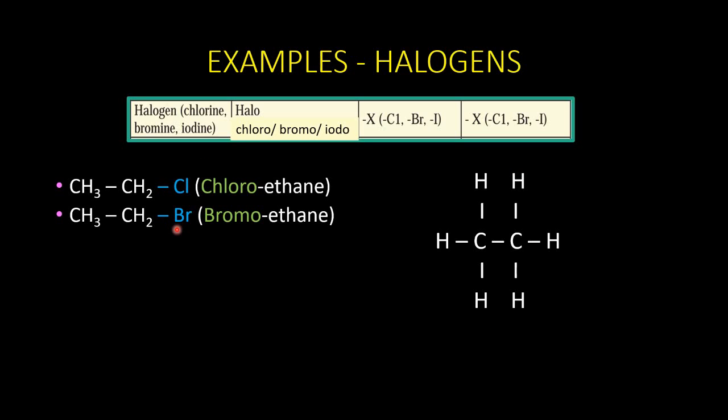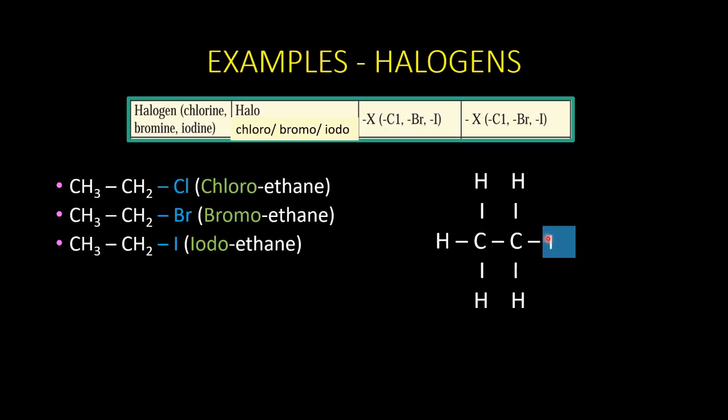Bromine is also one of the halogens. So instead of chlorine, there may be a bromine atom. If it is bromine, the name changes to bromoethane, and we can see one hydrogen atom being replaced by bromine. Then let us substitute iodine. With iodine, the name becomes iodoethane and the hydrogen atom can be replaced with iodine.